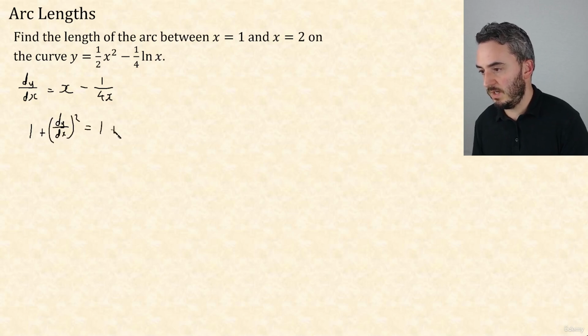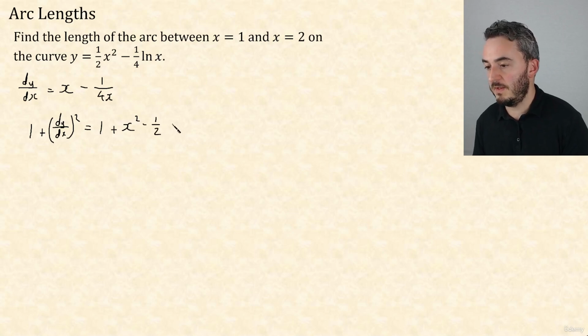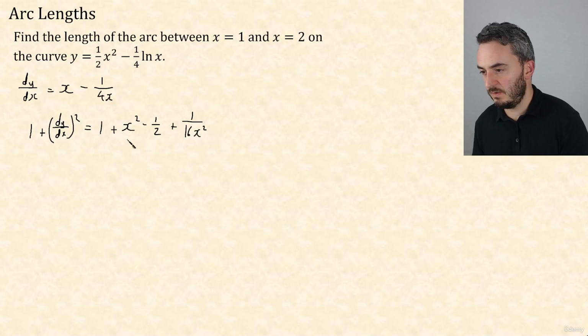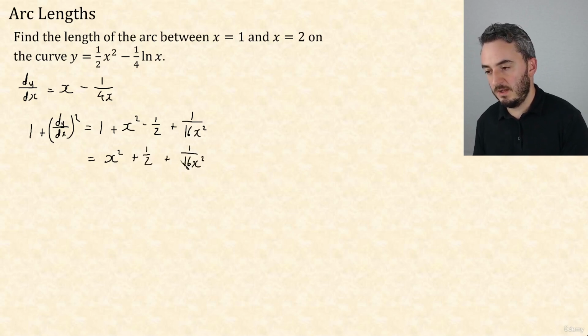1 plus (dy/dx) squared is 1 plus, now this lot squared is x squared minus, that comes out as minus a quarter times 2, which is minus a half, and then plus 1 over 16 x squared. Neatened up, that gets me x squared plus a half plus 1 over 16 x squared.